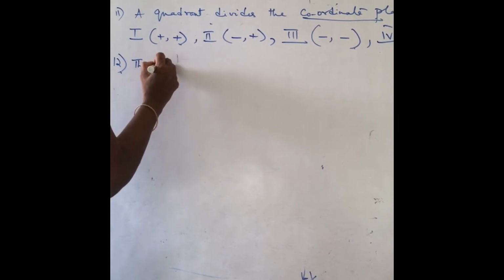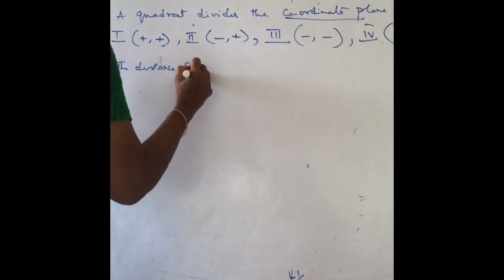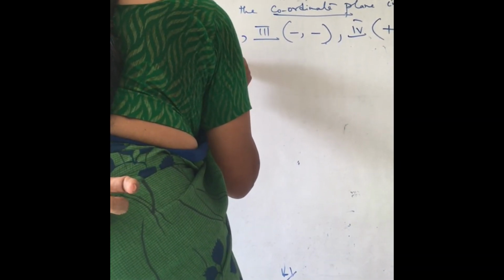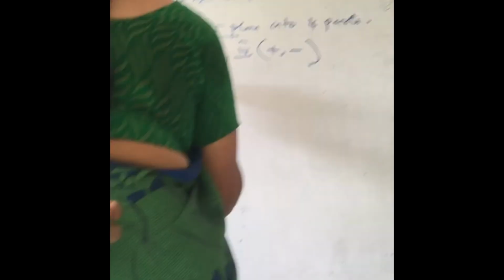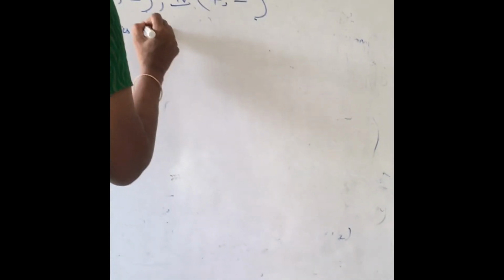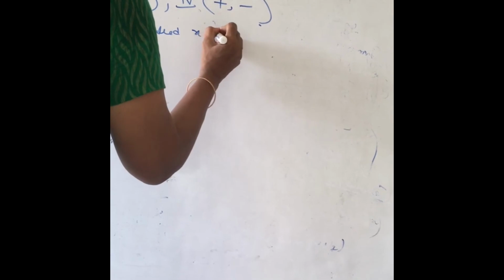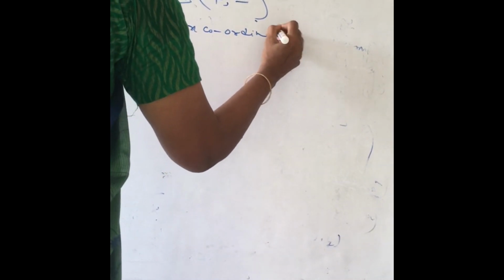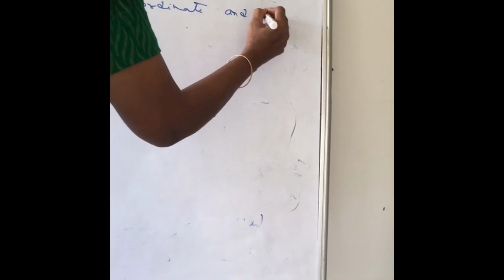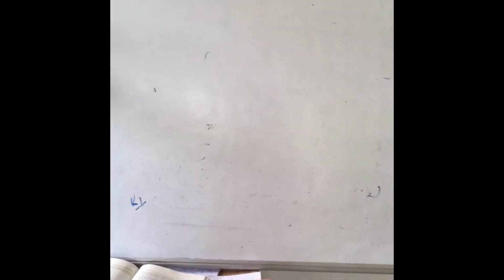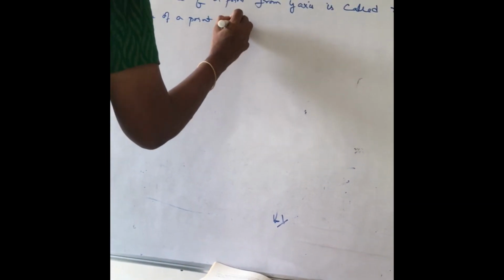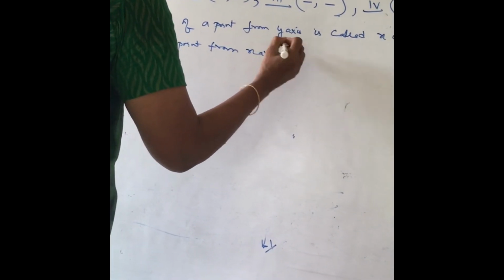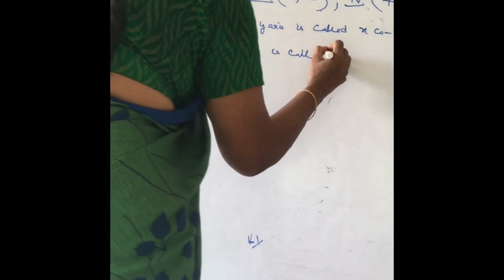The distance of a point from y-axis is called x-coordinate, and the distance of the point from x-axis is called y-coordinate.